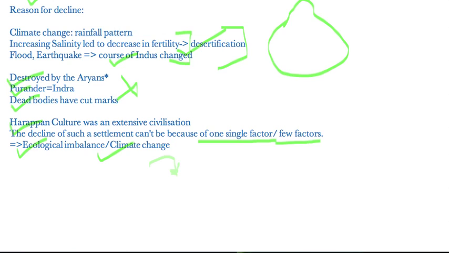So here also we can understand from that point of view: ecological imbalance and climate change led to decrease in agriculture, and people started living a subsistence life, and from there the civilization declined. Okay, so this is the most prevalent theory.